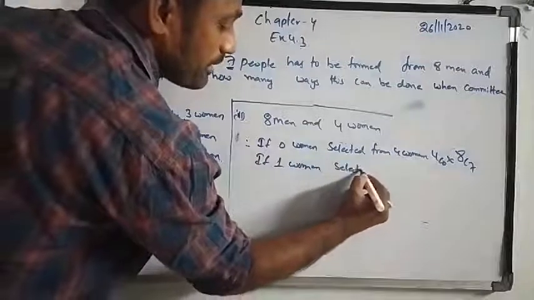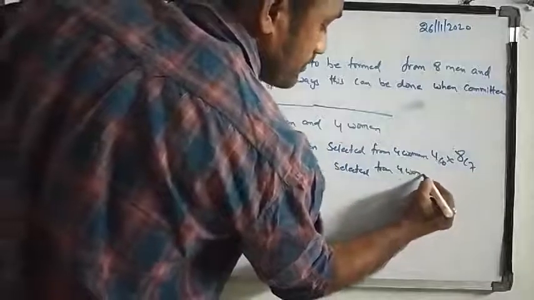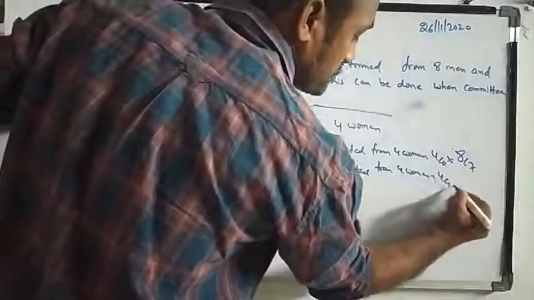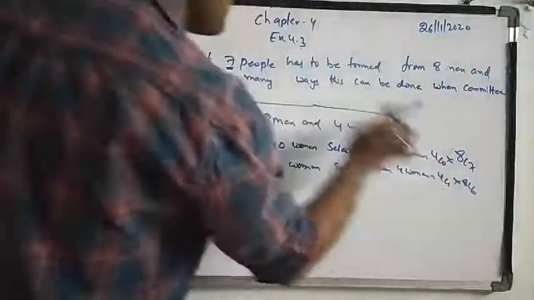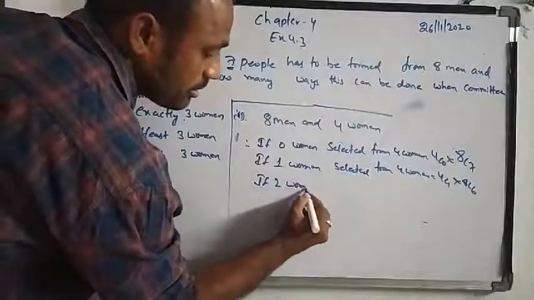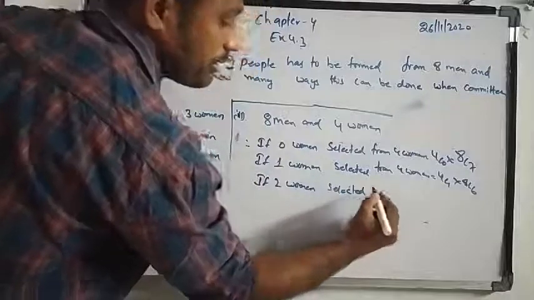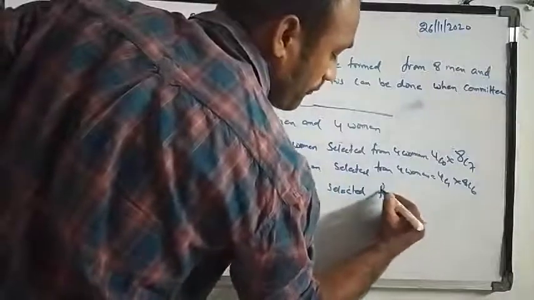Next, if 1 woman is selected from 4 women, then it can be done as 4C1 into 8C6. So totally 1 plus 6, 7 people. Next, I can select 2 women from 4 women.